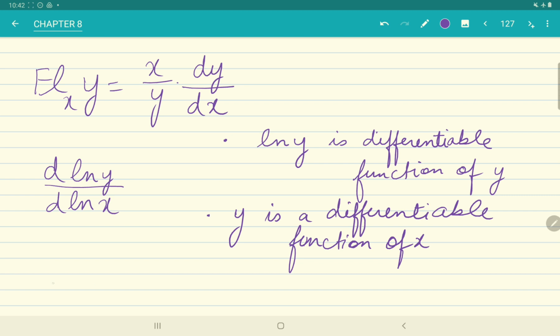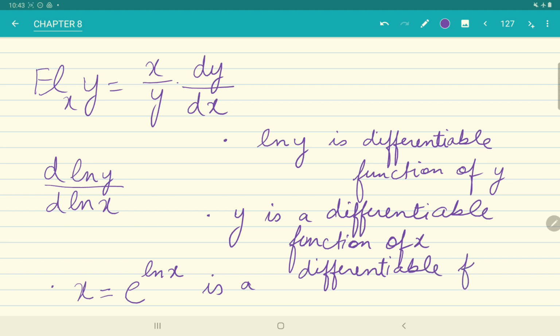Also, when I write x, I can write x as equal to e raised to the power ln x. Ln x is the power to which e has to be raised in order to get x. So x is equal to e raised to the power ln x, and in this way I can say that x is a differentiable function of ln x.